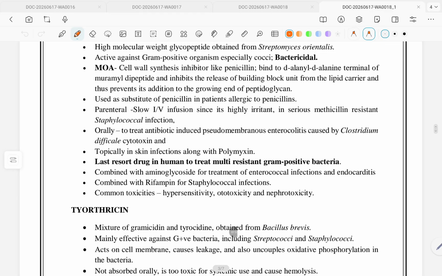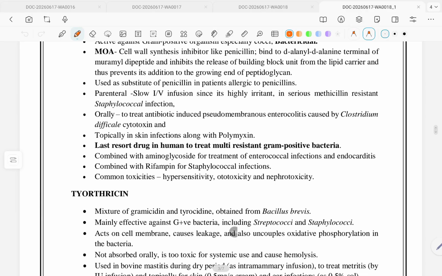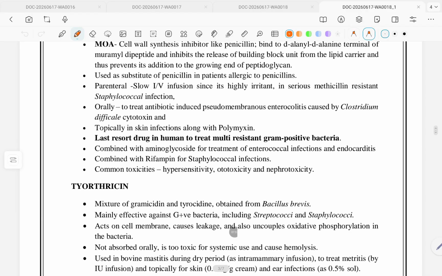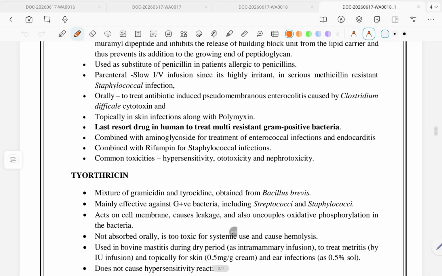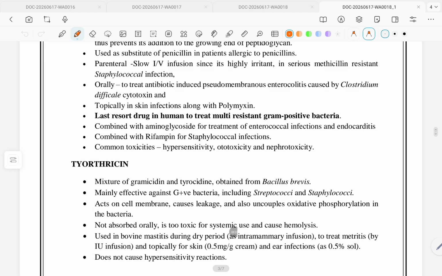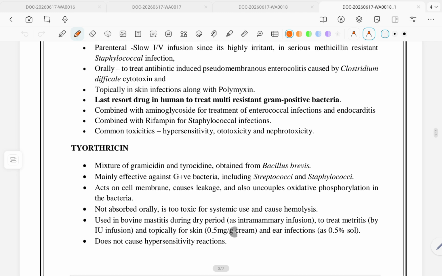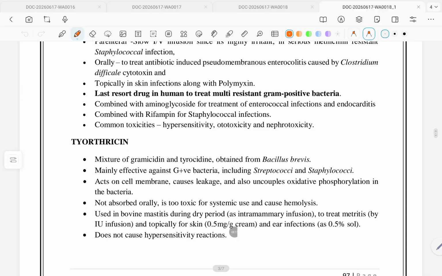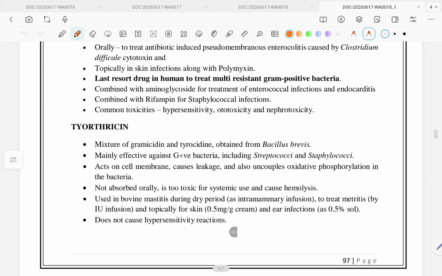Used as a substitute for penicillin in patients allergic to penicillin. Parenterally, it is given by IV infusion in serious methicillin-resistant staphylococcal infection. Orally to treat antibiotic-induced pseudomembranous enterocolitis caused by Clostridium difficile cytotoxin, and topically in skin infection along with polymyxin.